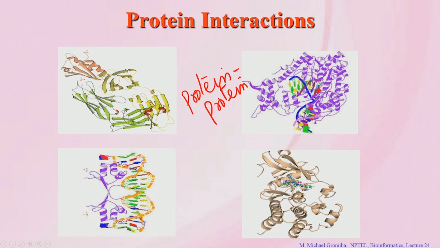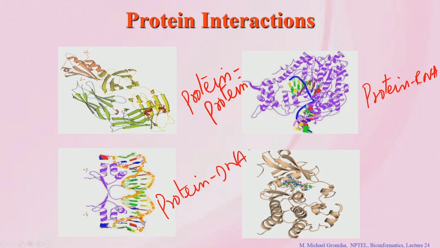Here you can see the protein and this is RNA, so this is a protein RNA interaction. You can see the protein here and the DNA, so this is a protein DNA interaction. Here you can see the proteins and the ligands, so this is a protein ligand interaction.